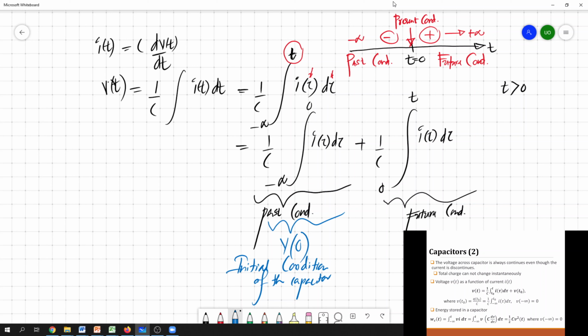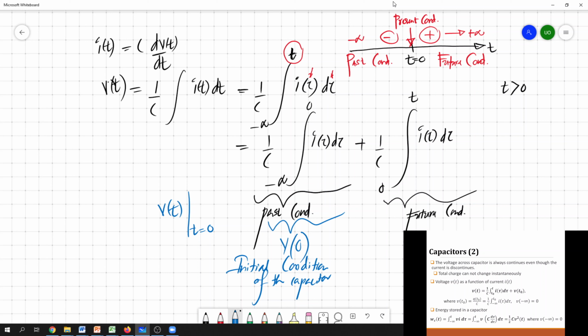So this is the initial condition of the capacitor. The voltage at t equals 0 means whatever the voltage induced across the capacitor from minus infinity to 0 is simply absorbed into this initial condition.